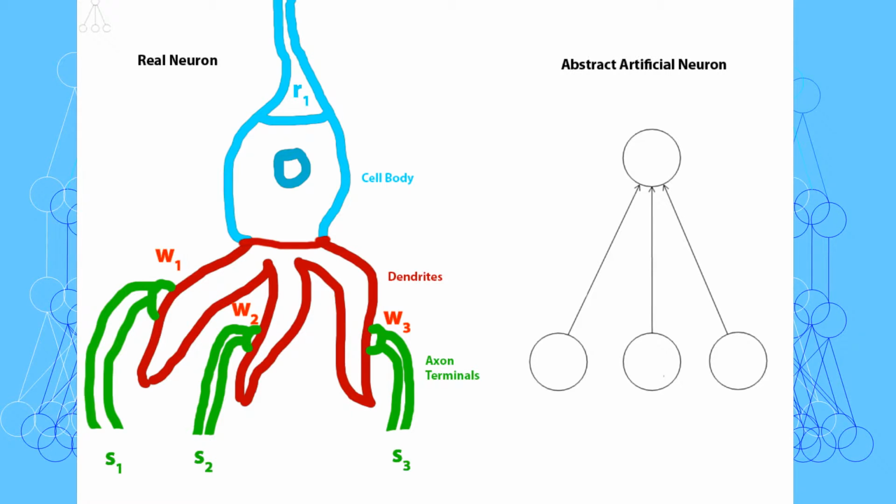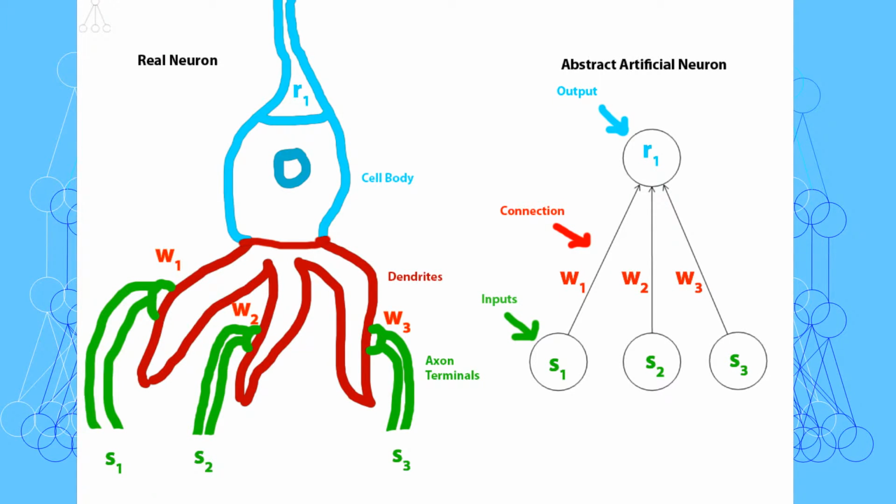The neurons at the bottom are going to be our inputs, just like the axon terminals were previously. So those we will call S again. And then the lines, or the edges, are our connections, our weights. So we'll call them W again. And the neuron at the top is going to be R. So now we have all the basic parts of the neuron that we're interested in modeling in order to have our neural unit for our neural simulations.